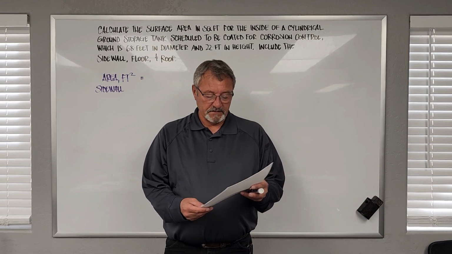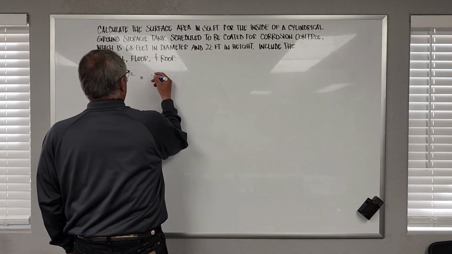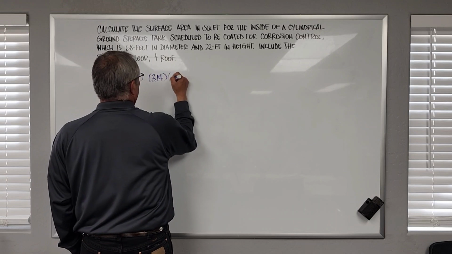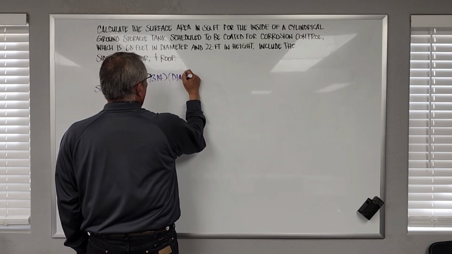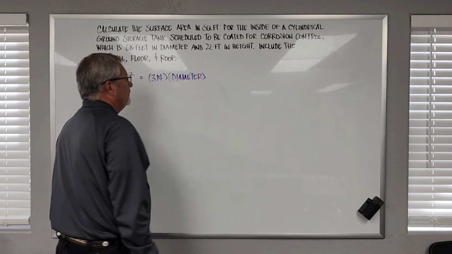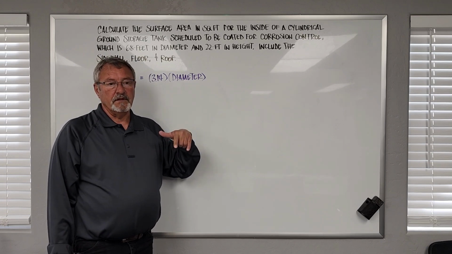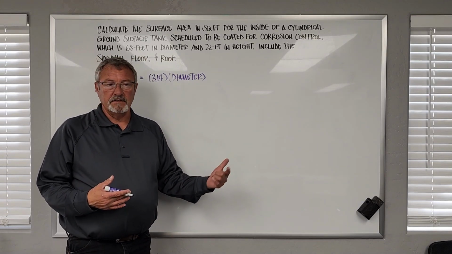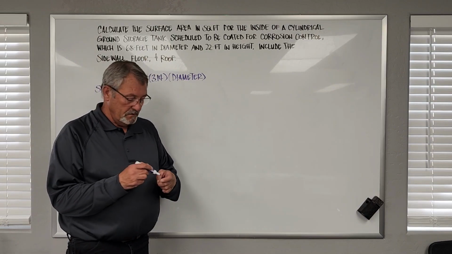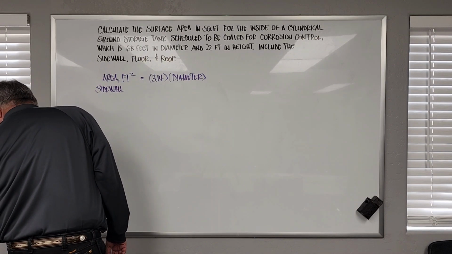Circumference of a circle is 3.14, which is pi, times the diameter. And they don't give you the unit of measure for the diameter in the formula, because it might be inches, meters, feet, miles, whatever. They don't know what question you're trying to answer.